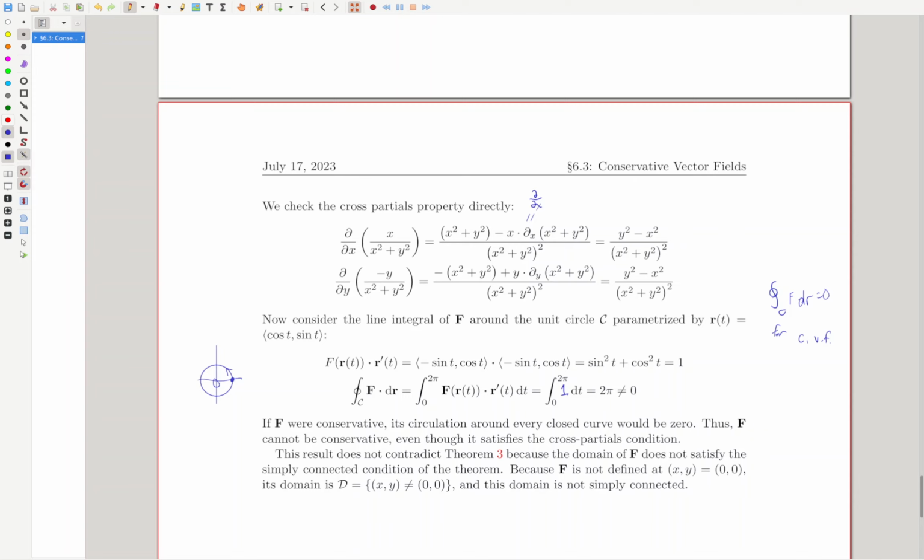And so the reason we don't have that is because this vector field is actually not conservative. The key explanation for why such a thing can occur is because the domain of this vector field is not defined everywhere. There's a singularity. There's a hole in the space.